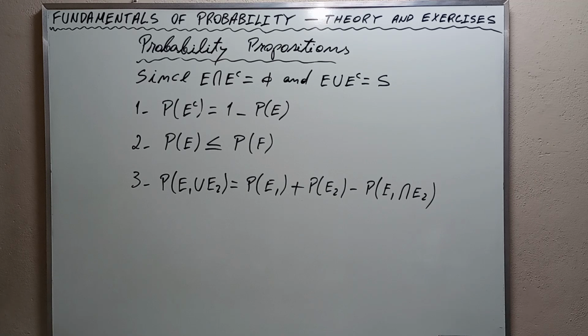Proposition 3 provides the relationship between the probability of the union of two events expressed in terms of the individual probabilities and the probability of the intersection of the events. That is, the probability of the union of two events is equal to the probability of event 1 plus the probability of event 2 minus the probability of the intersection of events 1 and 2. Now let's go to exercise 3.